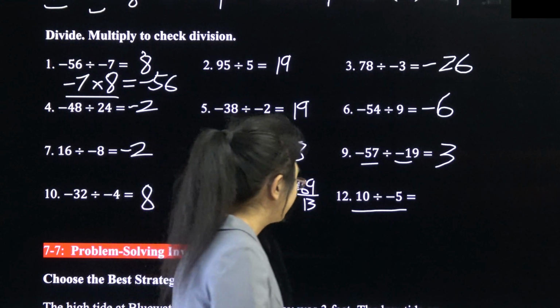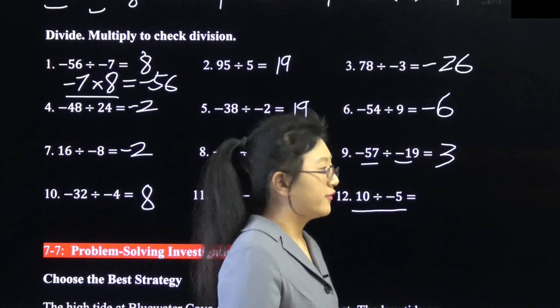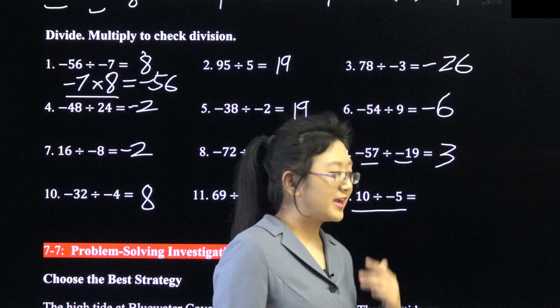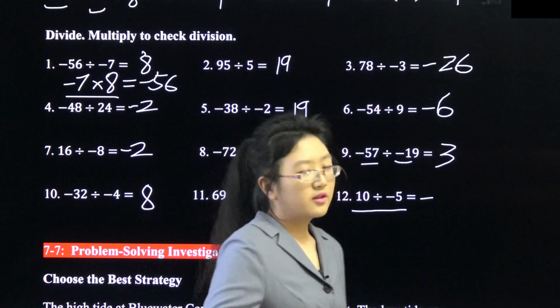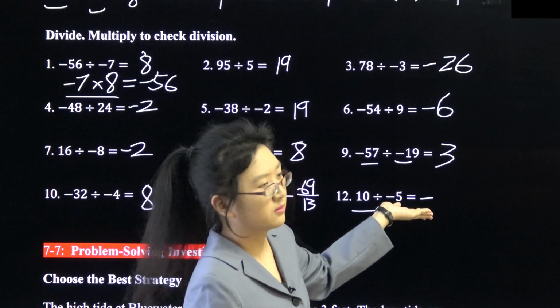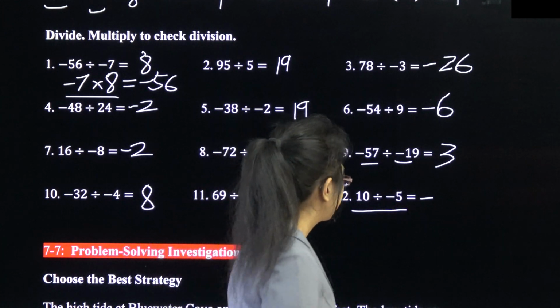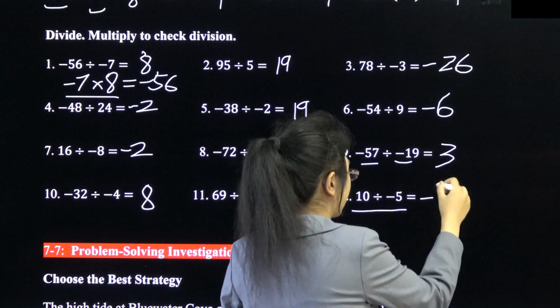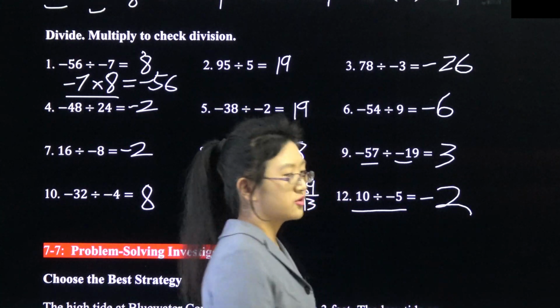So yeah. 10 divided by negative 5. 10 is positive. Negative 5 is negative. Therefore, the signs are different, which means it's going to end up as negative. And then 10 divided by 5 is 2. The answer is negative 2.